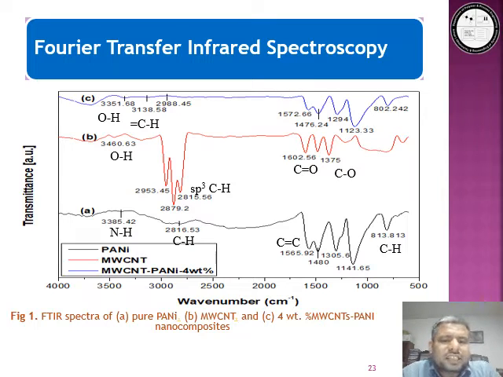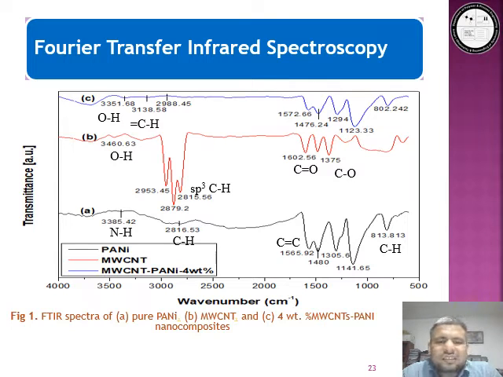Similarly, the OH stretching vibration of the carboxylic group in the multi-wall CNTs shows a peak at 3460. The sp3 CH stretching of the benzene ring is represented by broad peaks at 2815, 2879, and 2953.